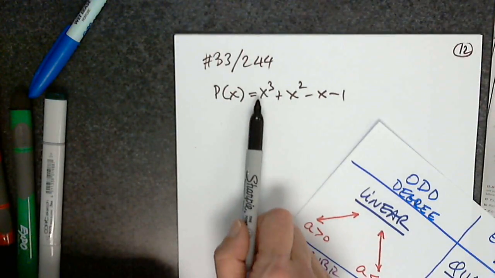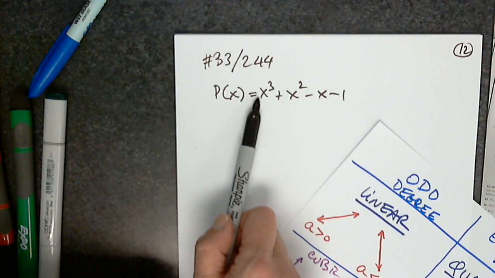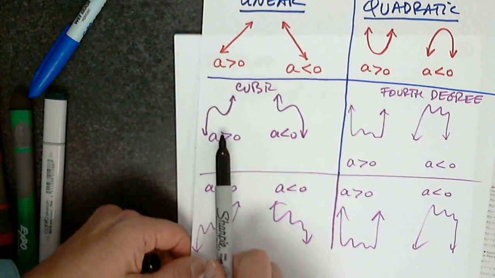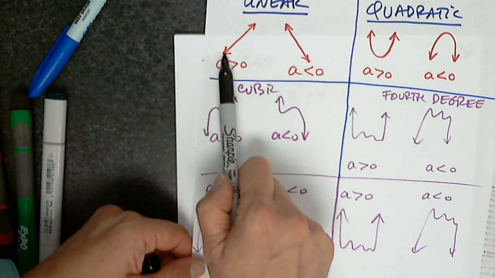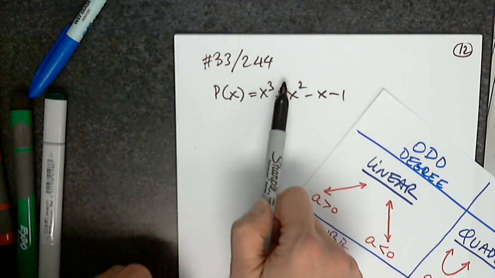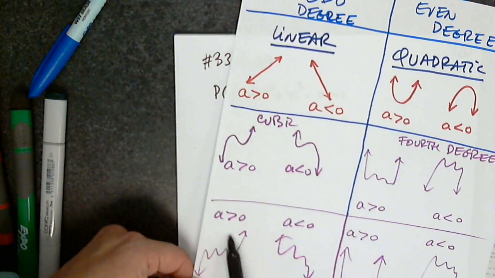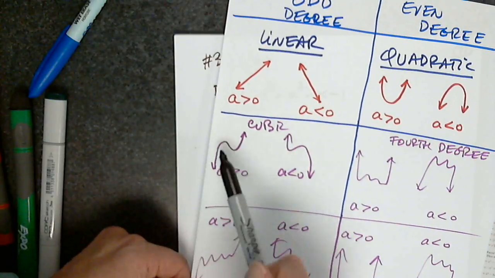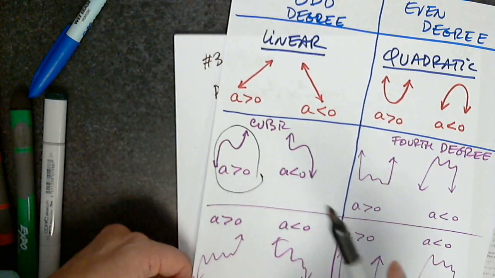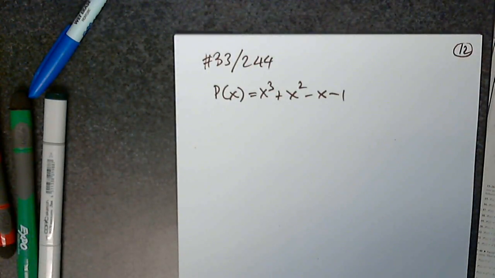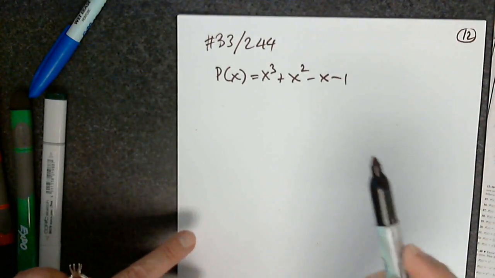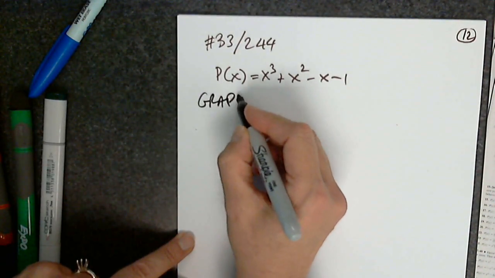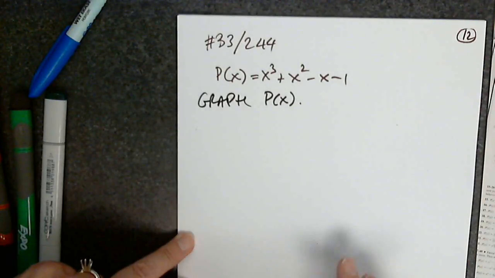Exactly. Because it's in descending order, it has a positive leading coefficient, and it has to look like this. It has to come from negative values and go to positive values. The degree is 3, so it has to be in this category. Perfect. Okay, so here we are asked to graph p of x.